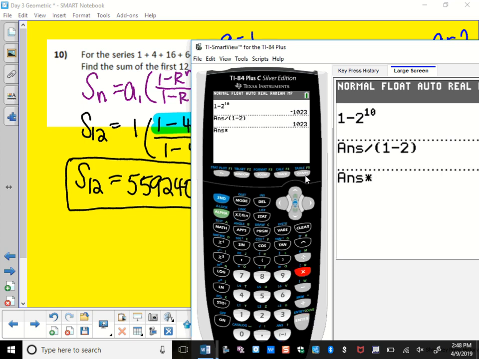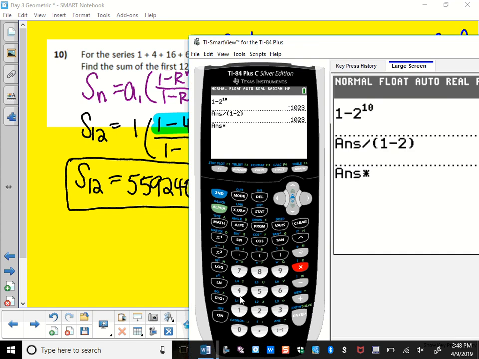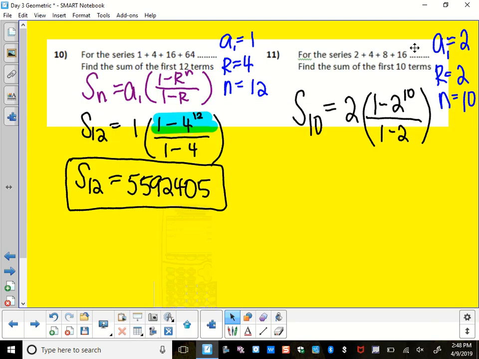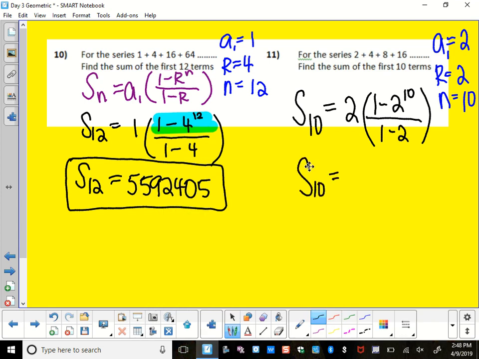Times it by whatever's on the outside, so times 2. You should get 2,046. Good. So the sum of 10 numbers is 2,046.